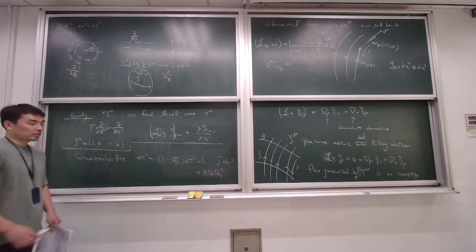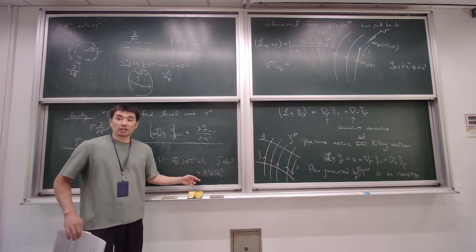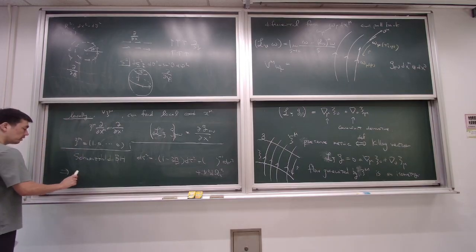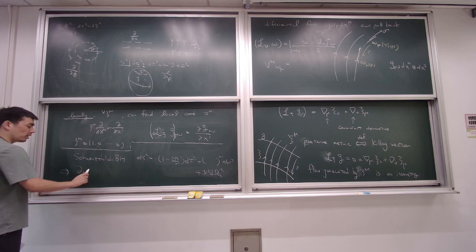So the metric components are independent of time. Therefore, this one is a Killing vector.